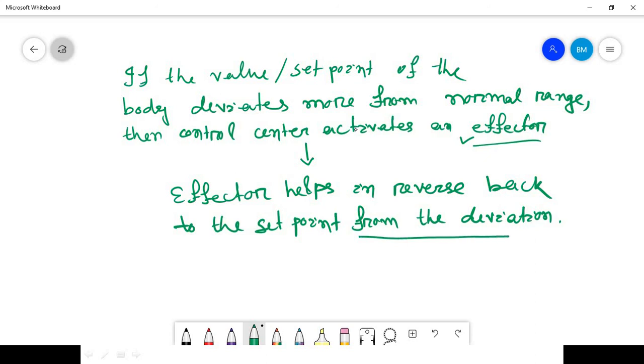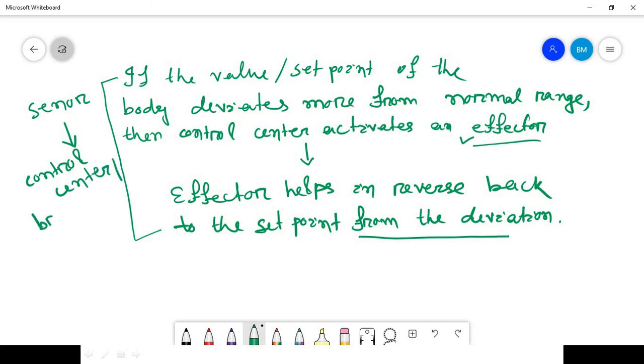This is the whole mechanism which occurs by the sensor, then the control center or brain, then to the effector, then the normal set point.